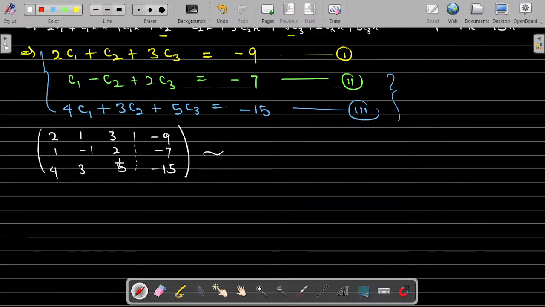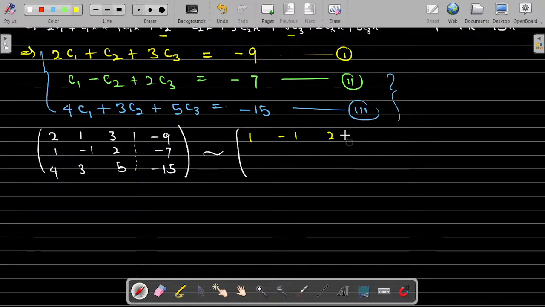So what do we do? Remember that you can actually interchange these rows. In fact, let's do it that way. Let's interchange the rows. So if we interchange the rows, we let row 1 become row 2, and so on. So why are we interchanging the rows? Because we want the leading or the pivot to be 1, so that it will be easy to form our algorithm.